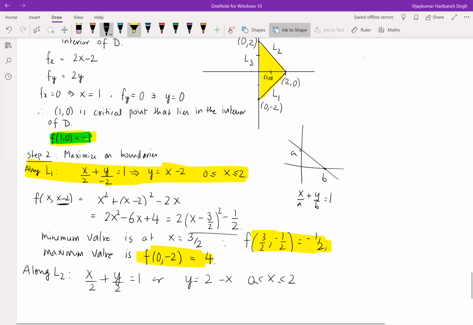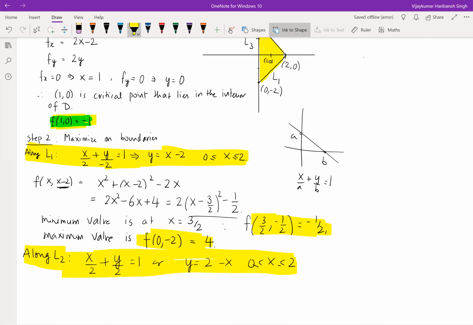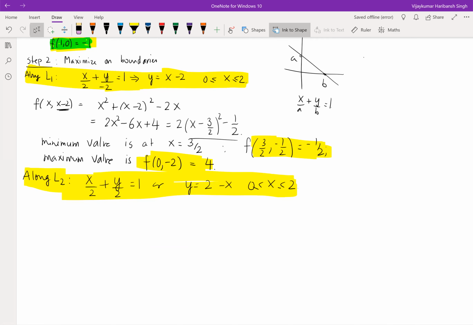So this is your L2. Now let's compute what happens along L2.